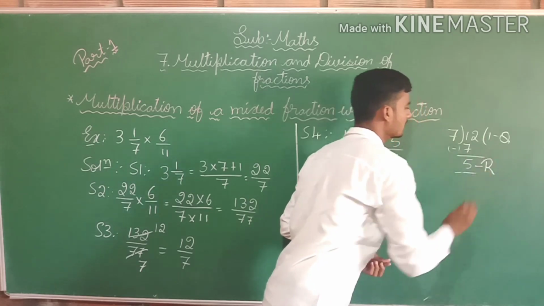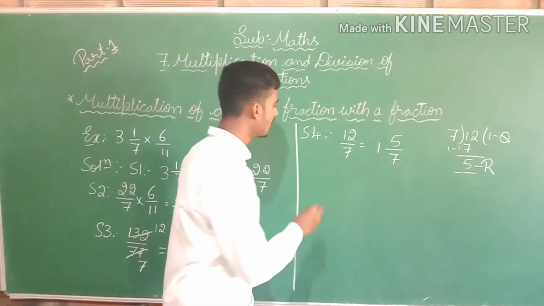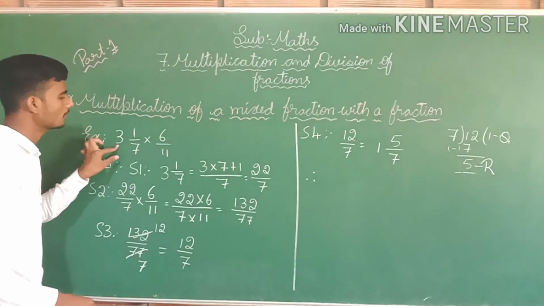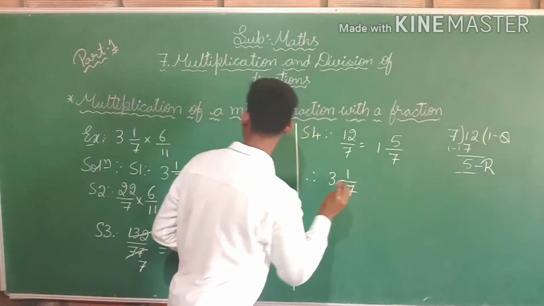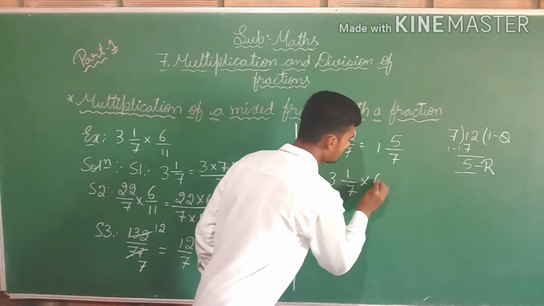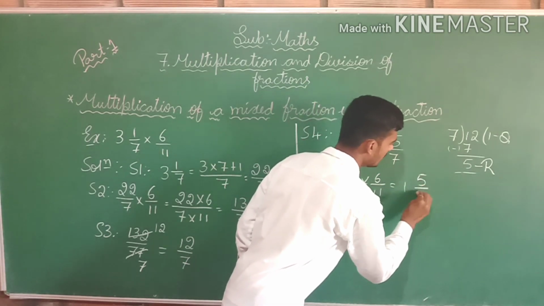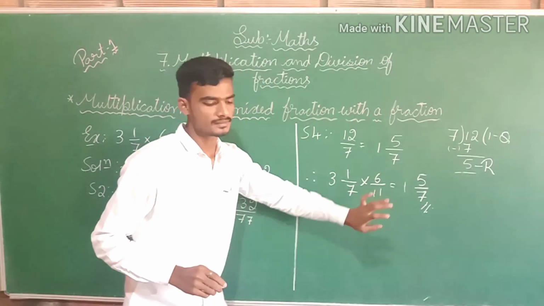Then the denominator you have to write the same. At last you have to write: therefore 3 whole 1 by 7 into 6 by 11 is equal to 1 whole 5 by 7. This is your final answer.